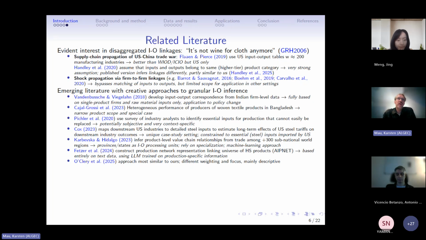And thereby, I think we come very close to the bottom of these bullet points, where authors like Carvalho and Hidalgo try to develop a very simple algorithmic approach, but also O'Clery at the bottom is very similar to ours, to really systematically exploit this data to recognize those patterns and then describe them.